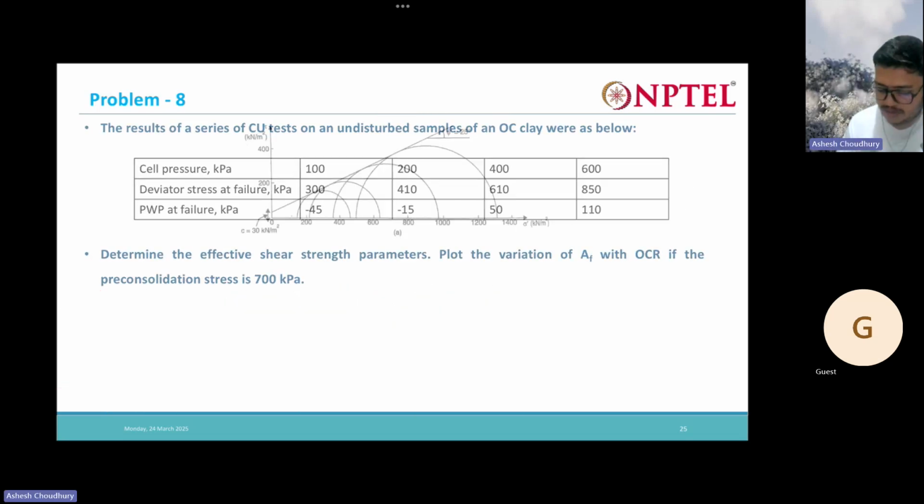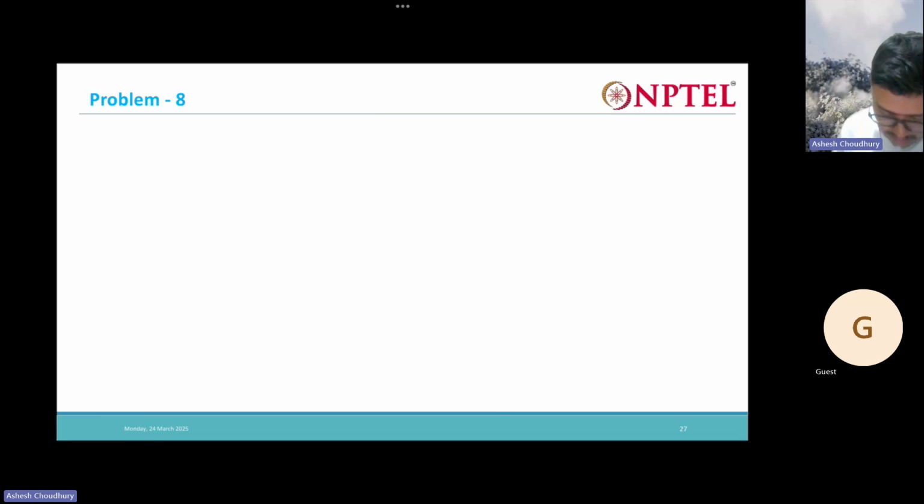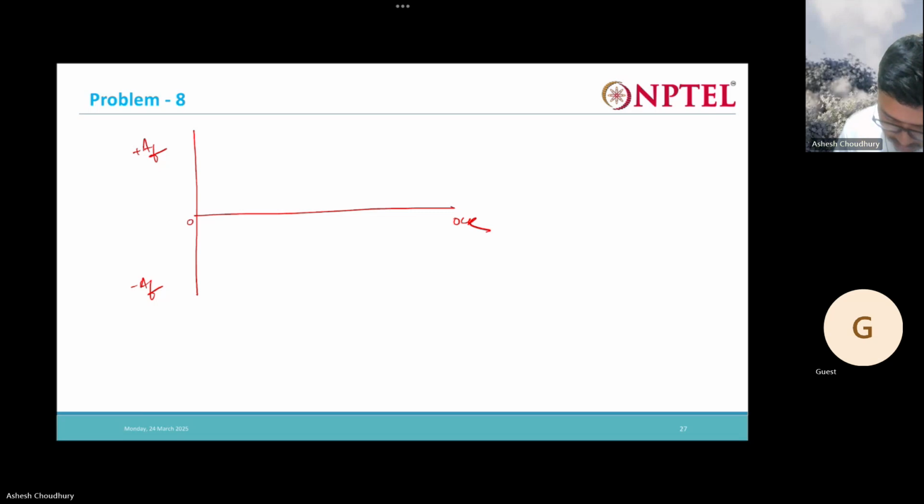To plot the variation of AF with OCR, it will be a simple plot. It will be like this: positive AF and negative AF, with OCR here. So if it's 0, 2, like this up to 7. It will be something like this.